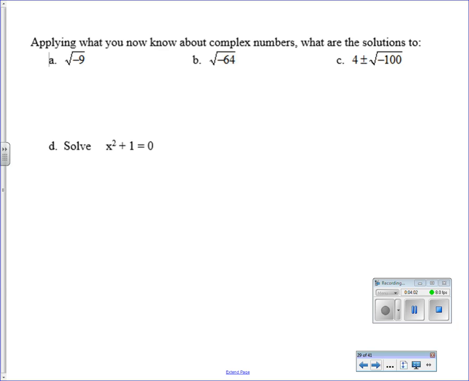Okay, and so for example, if we have the square root of -9, before we would always say you can't do that. Okay, well, yes, we can. If we set up a whole new set of numbers called imaginary numbers, what we can do is change this into what I have here. So I can change this, so this is really 9 times -1, right? And then we'll break it apart.